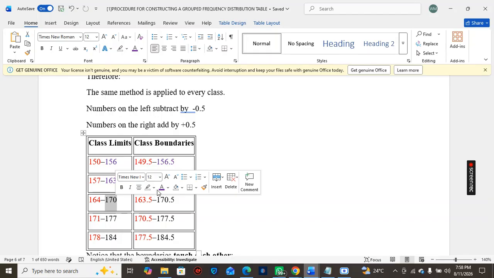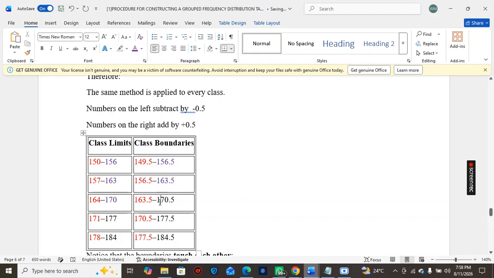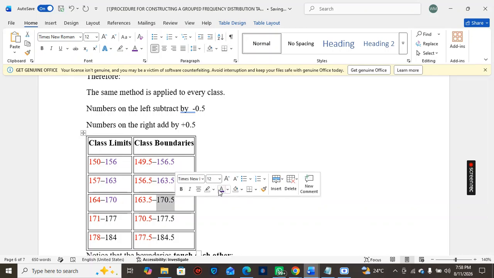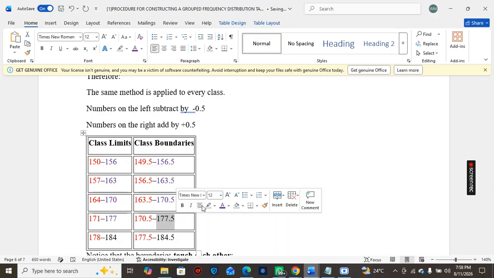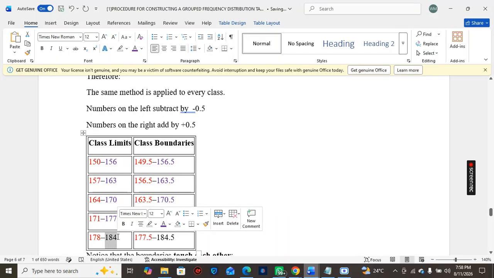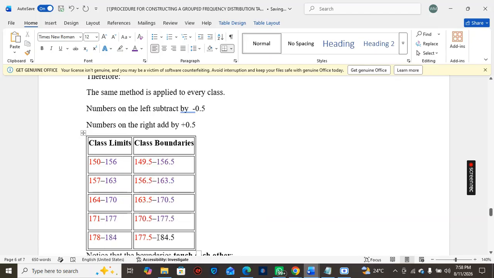170 plus 0.5, 170.5. 177 plus 0.5, 177.5. 184 plus 0.5, 184.5.